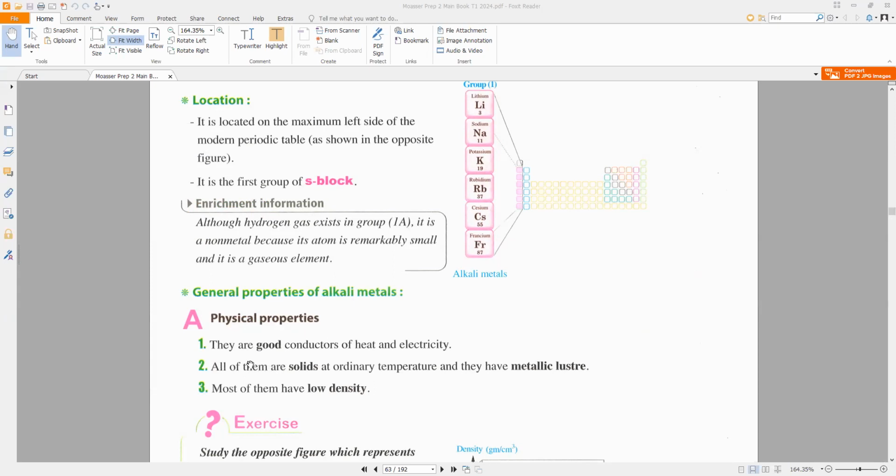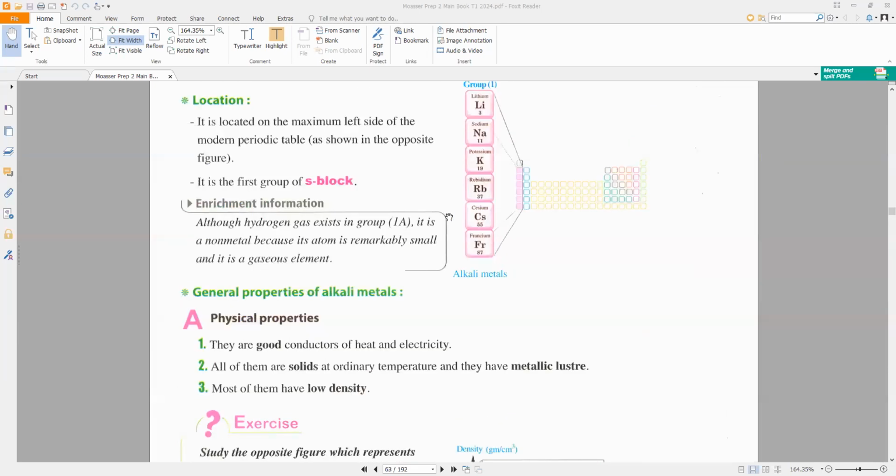Group 1A or alkali metals are all metal, and we know metals are good conductors of heat and electricity. So the 1A group or alkali metals are good conductors of heat and electricity. When it's used, it conducts heat or electricity.